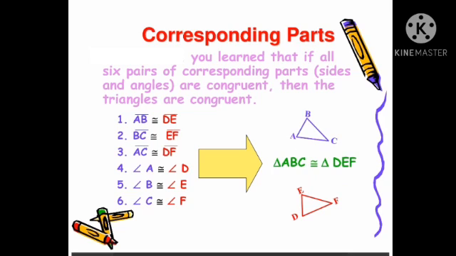Next, we have to identify corresponding angles. That is, angle A is congruent to angle D, angle B is congruent to angle E, angle C is congruent to angle F. Dear children, one important note here: the order of the letters in the names of congruent triangles must be maintained, it is very important.